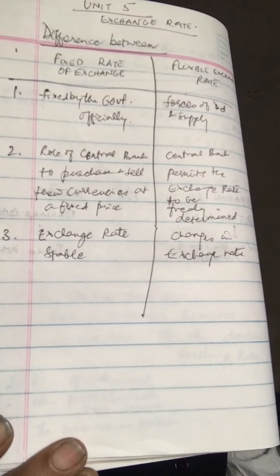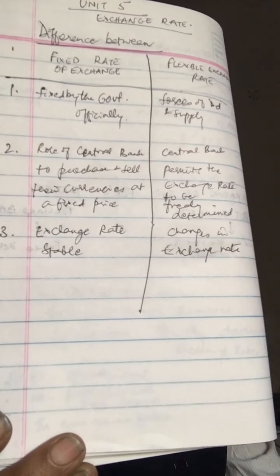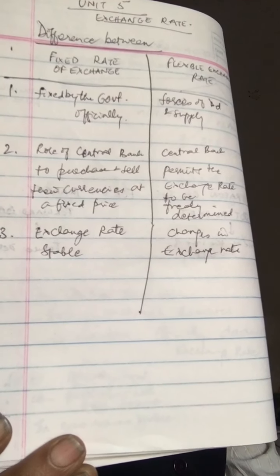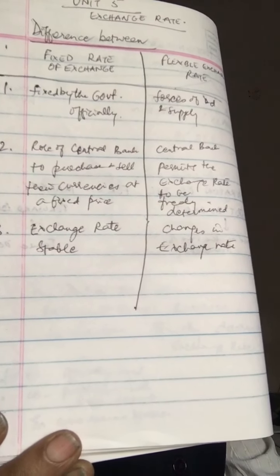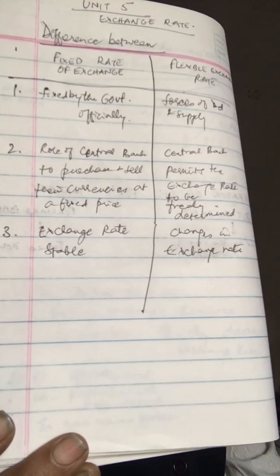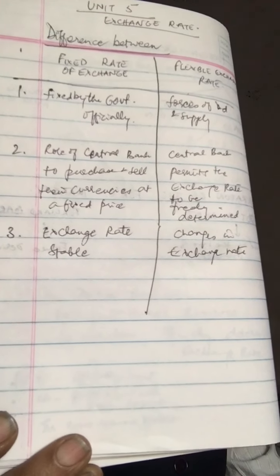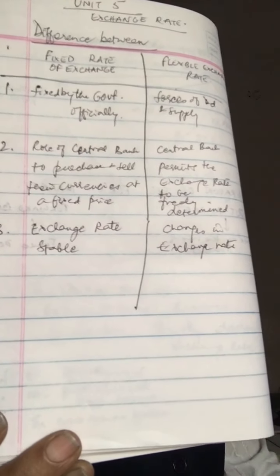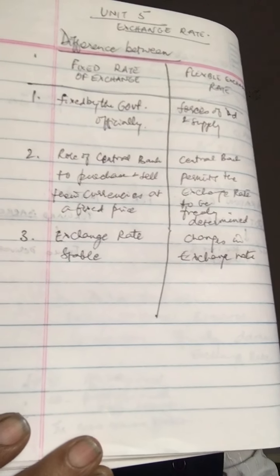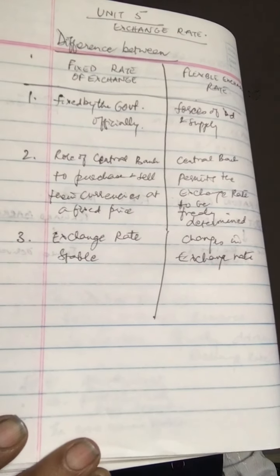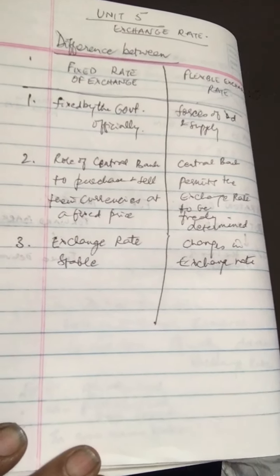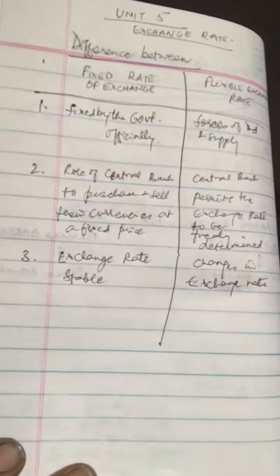Flexible exchange rate avoids the speculative pressures. Then balance of payment: flexible exchange rate frees the government from the problem of deficit or surplus in balance of payments, which is automatically corrected. So it's more or less the same as the automatic point we talked about. Then flexible exchange rate system enhances the efficiency in the economy by optimum resource allocation.